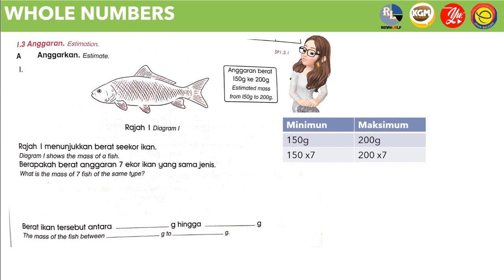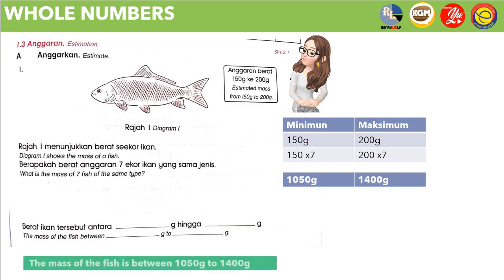The maximum weight is 200 grams. So we are going to estimate for 7 fish. 150 grams times 7 is 1050 grams. 200 grams times 7 is 1400 grams.